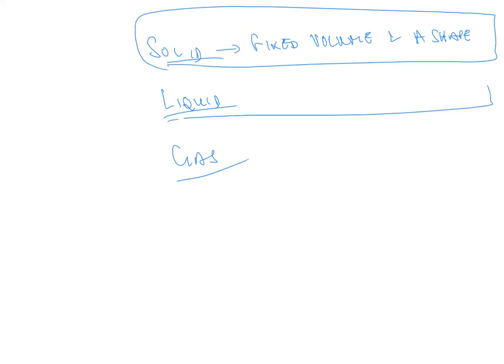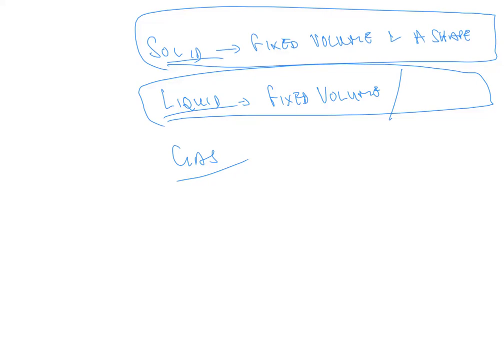But a liquid has a fixed volume. If you take the fixed volume, the shape is dependent on the container that it holds. The shape is not fixed.